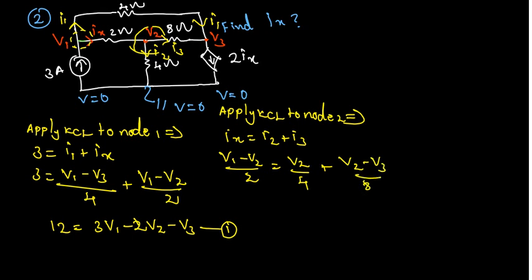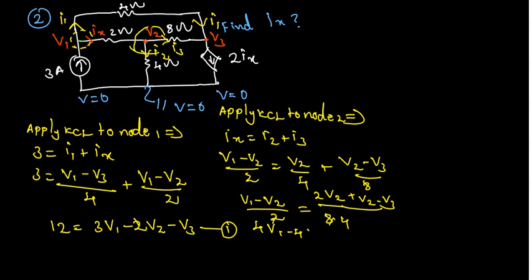So when we solve this, (V1 minus V2) by 2 is equal to 2V2 by 8 plus (V2 minus V3), so 4V1 minus 4V2 is equal to 3V2 minus V3.